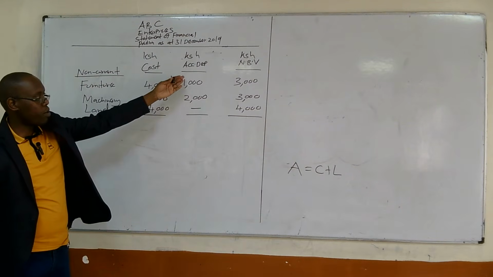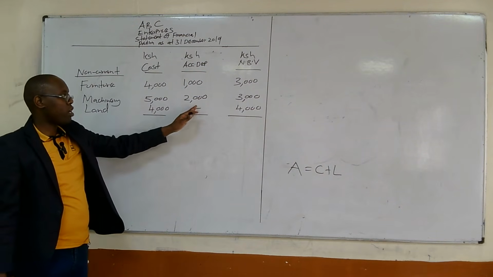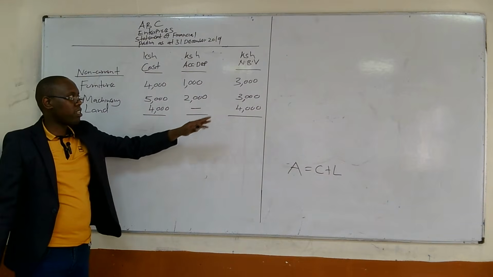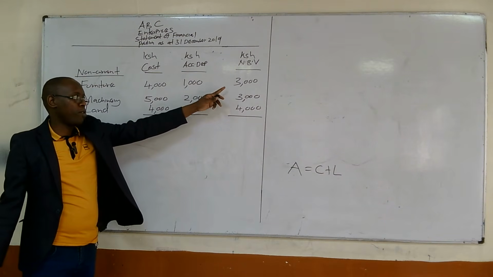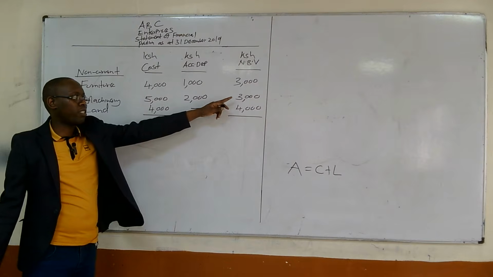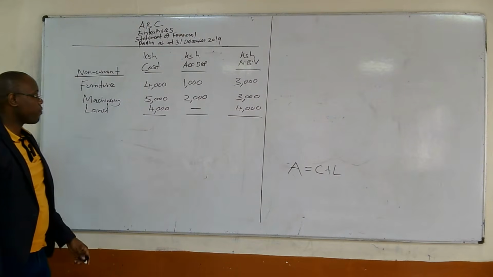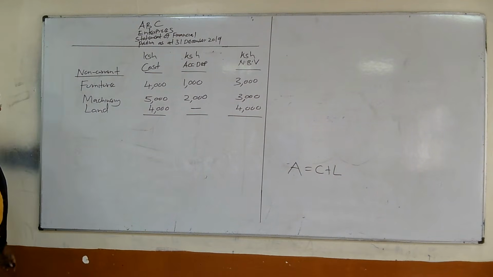And then also you'll be able to add this 1,000 plus the 2,000, and also in the other side under the net book value, you'll be able to add 3,000 plus that 3,000 plus that particular 4,000.